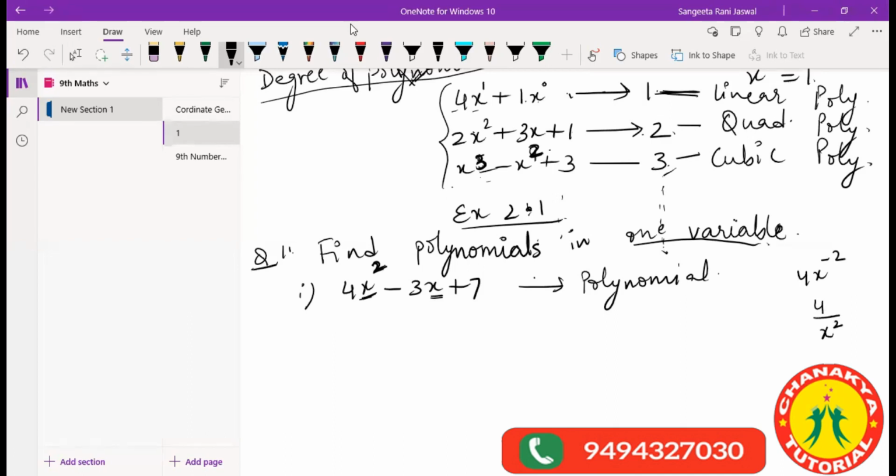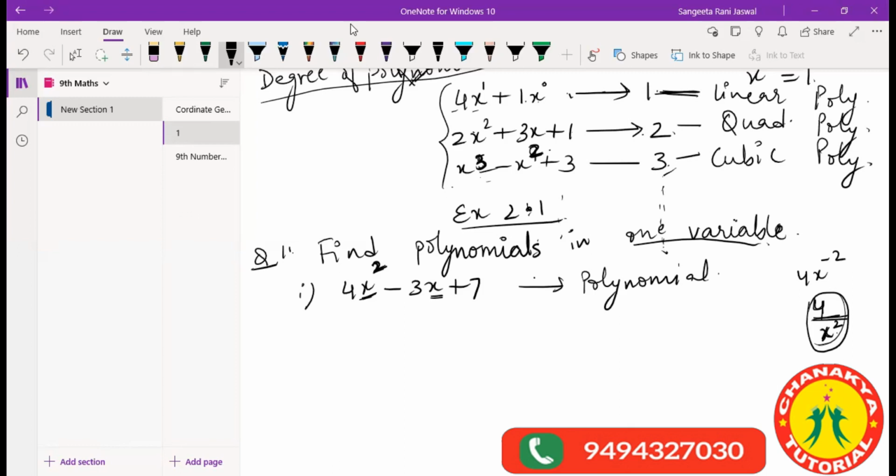In this case, this will not be a polynomial. We don't call this type of expression a polynomial until we have something to take the LCM and take it to the equation form.